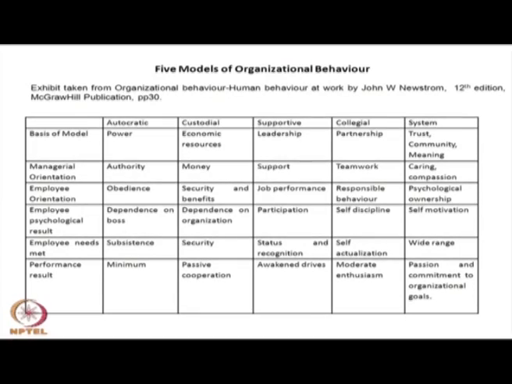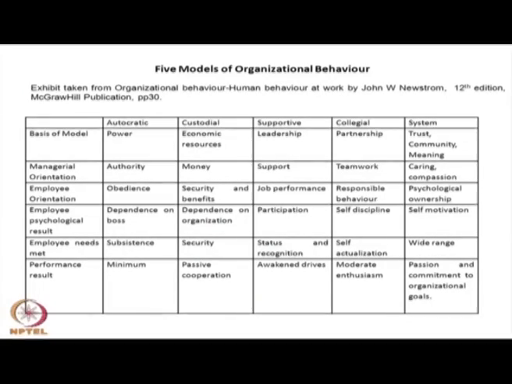Employee need met is self actualization. I know what I want to do, there is a scope for creativity, I can try to do certain things in my own way without having the fear of what my manager or supervisor is going to tell me. So, self actualization.